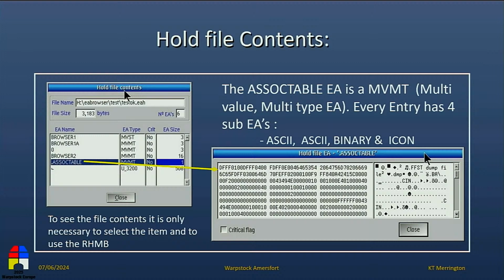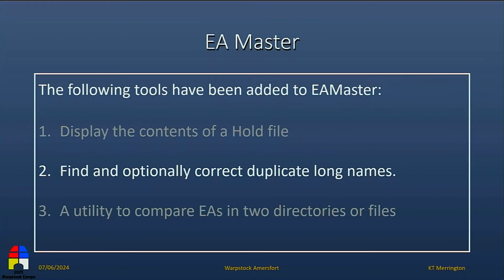And if you look here, FF is multi-value, multi-type, one of them, and that contains, again, and so you can work through this, and you get the data both in ASCII and binary. That is about hold files.